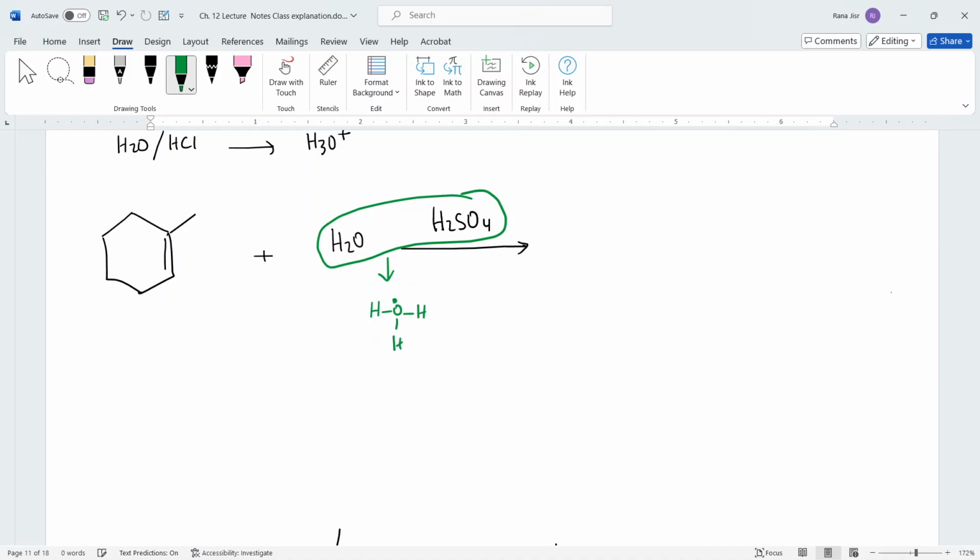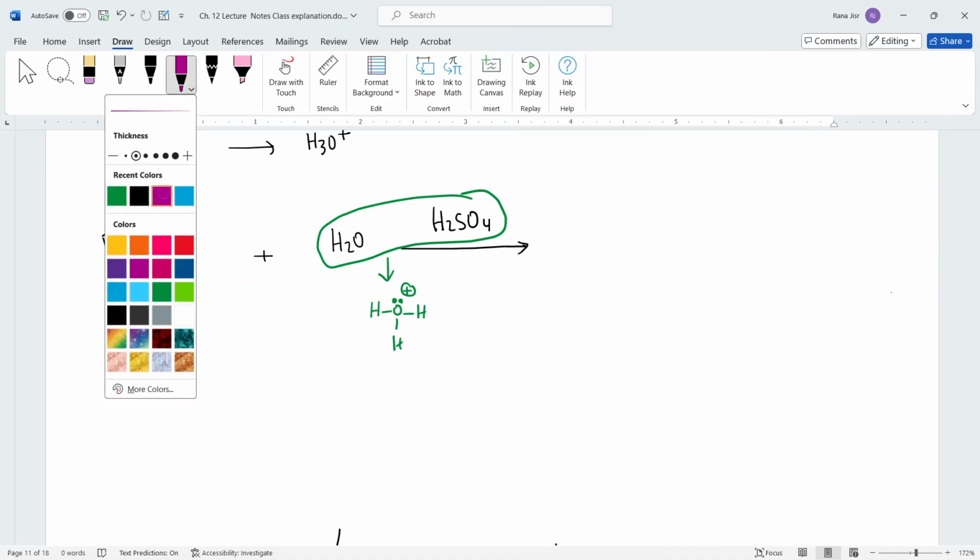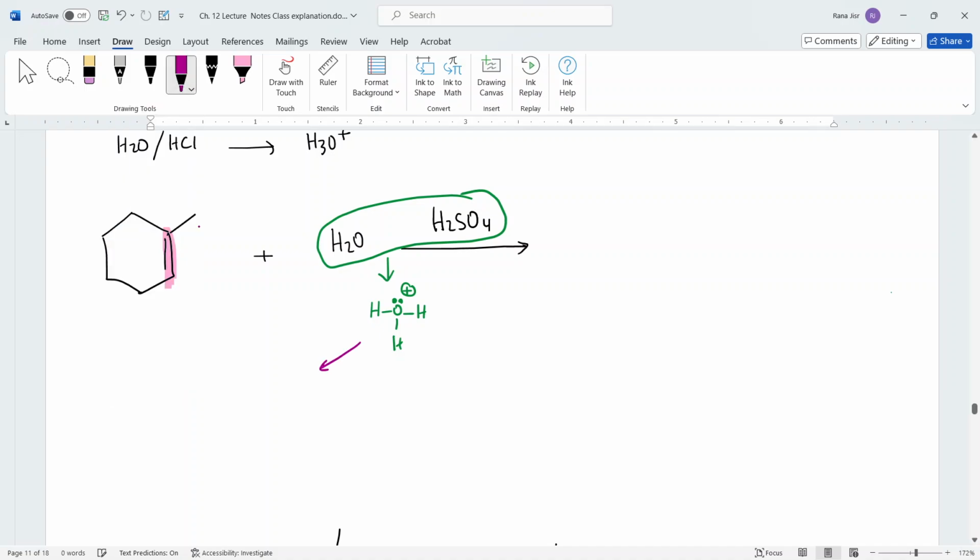I normally like to write it like this because the H3O+ is going to add to the double bond over here. It's this one that is going to add to the double bond. How is it going to add? It's going to add the hydrogen following Markovnikov's rule.